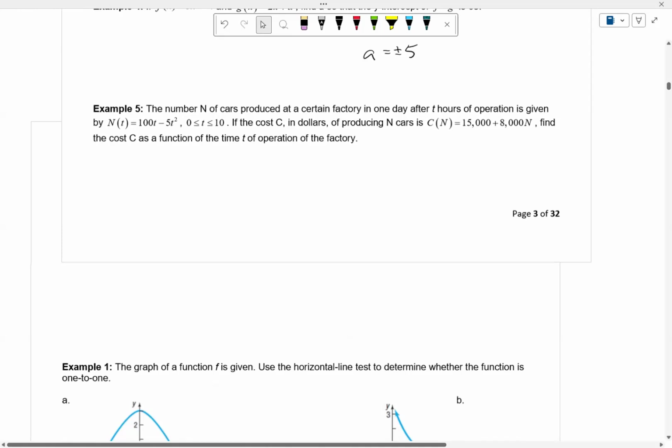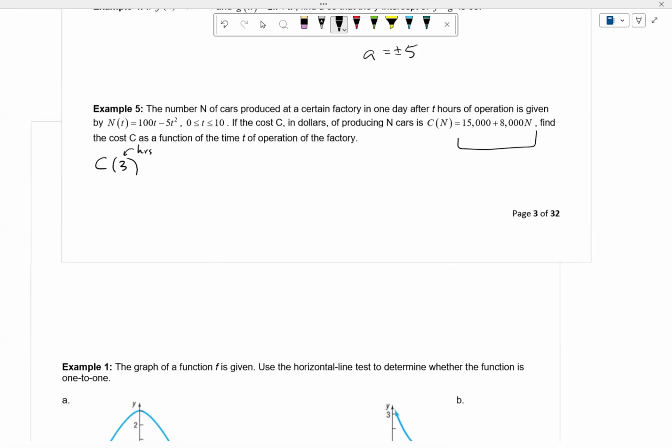Okay, this one, words. You had to read words for this one. Let's see if you were able to get it. Nico, what'd you do? Let's say we're looking for C of 3, and 3 is hours. We're trying to figure out the cost for 3 hours of production at this place.